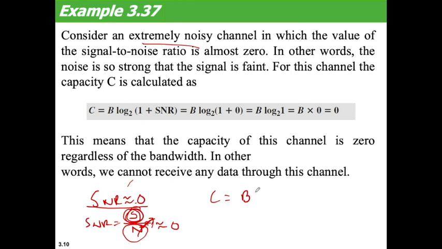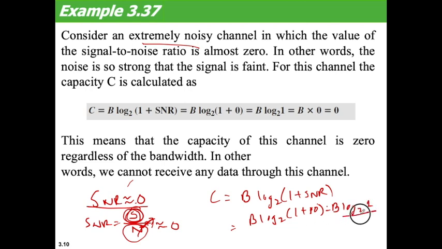Then we'll have log 2 base 1 plus SNR. And if the SNR is almost 0, we can write B log 2 base 1 plus 0, which is B into log 2 base 1. And we know that log 2 base 1 is equal to 0. So that means B into 0 is 0.